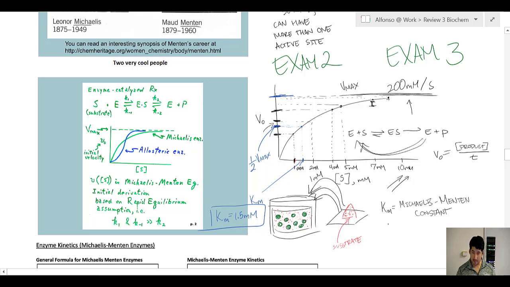Km is a concentration. So look, you got the units, millimolar, which is a concentration. Km is the concentration of substrate. This is crucial. I need you to write this down. Km is the substrate concentration at which your initial velocity is equal to the 1/2 Vmax.